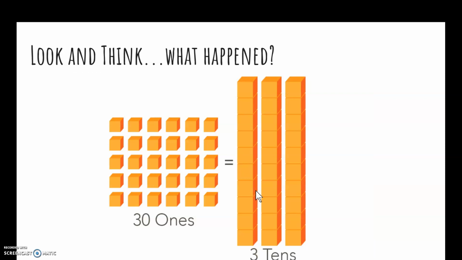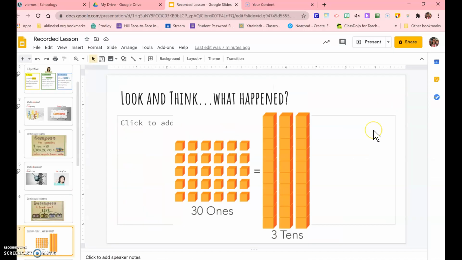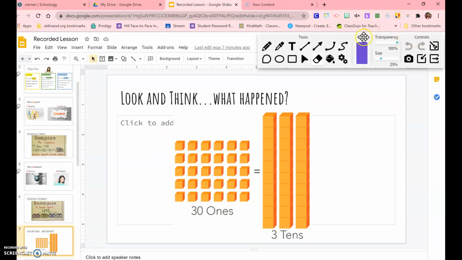Look and think what happened to the image. You have 31s, and they composed together to make the 3 tenths. Or you could go from the 3 tenths and decompose them into 31s. I'm going to exit the full screen so I can use the tools. If I grab these 31s, I compose them into 110.